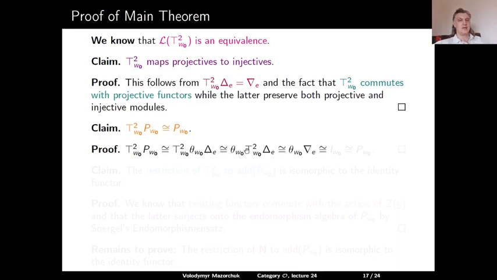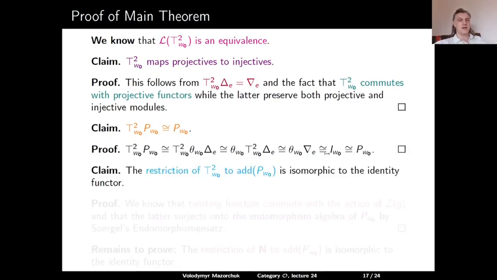The application of T_{w0} squared to Δ(e) gives ∇(e), and applying θ_{w0} to ∇(e) gives I(w0), which is isomorphic to P(w0). Next, we claim that the restriction of T_{w0} squared to the additive closure of P(w0) is isomorphic to the identity functor.